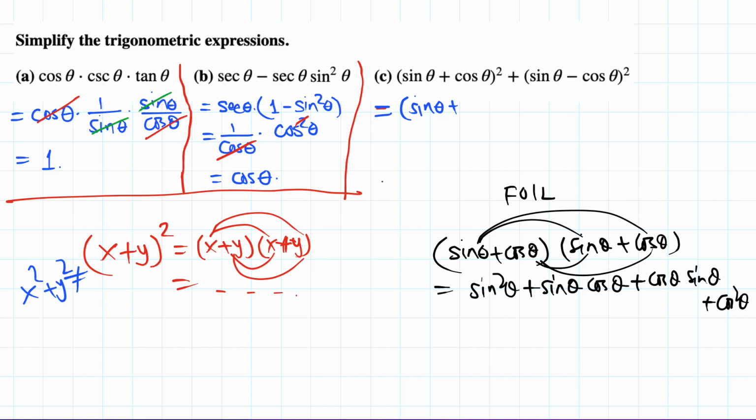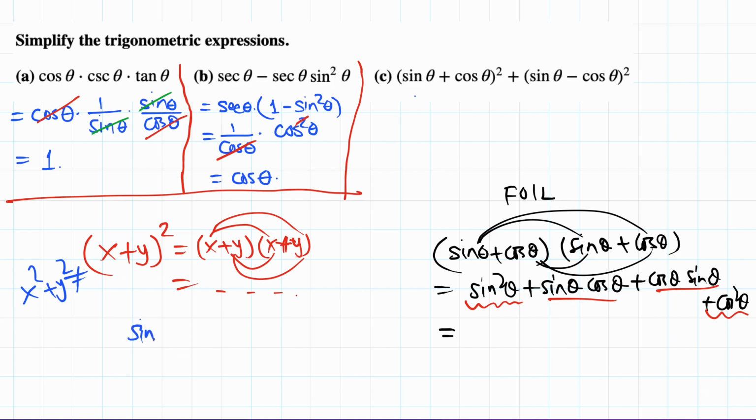So I can simply write that over here, and I can combine more. If we look closely, these are the same thing in the middle, sine theta cosine theta plus sine theta cosine theta. Combined, there will be two copies of sine theta cosine theta, and we have sine square theta plus cosine square theta. Wow, that's a Pythagorean identity.